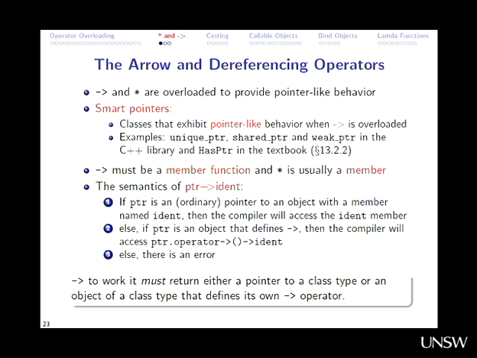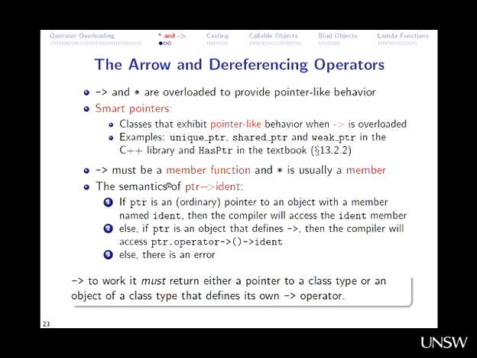Smart pointers are classes that behave like pointers when the arrow is overloaded. We're going to look at a thing in the C++11 library called unique pointer, shared pointer, and weak pointer. In the textbook, they have a class called hasPointer. The overload for the arrow is a member function, and star is normally a member function.